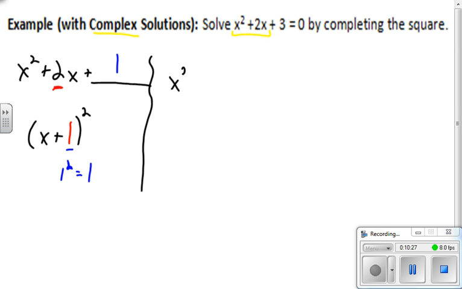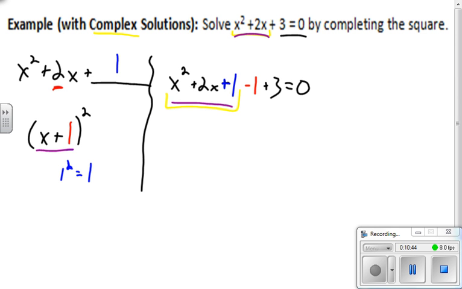So we say x squared plus 2x plus, I want that in blue, plus 1 and minus 1. We still have our plus 3 equals 0. This is our square from here, and this equals this piece. So we say x plus 1 quantity squared minus 1 plus 3 equals 0.